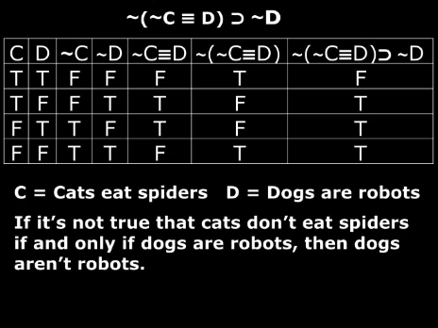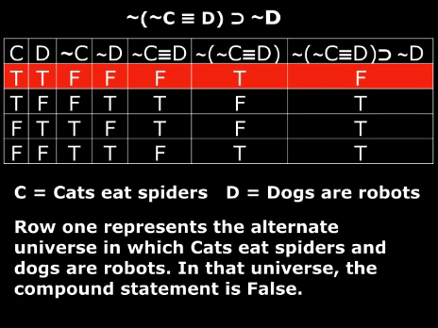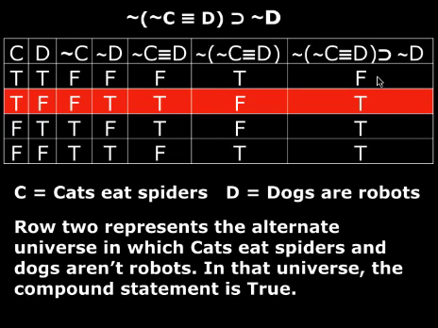What we can then do is see that each row corresponds to some possible universe. You can think of it as an alternate reality or an alternate universe. In particular, row 1 represents the universe where cats eat spiders and dogs are robots, where both of the atomic statements are true. And in that alternate universe, our compound statement is false. The next row represents the alternate universe where cats eat spiders and dogs are not robots.